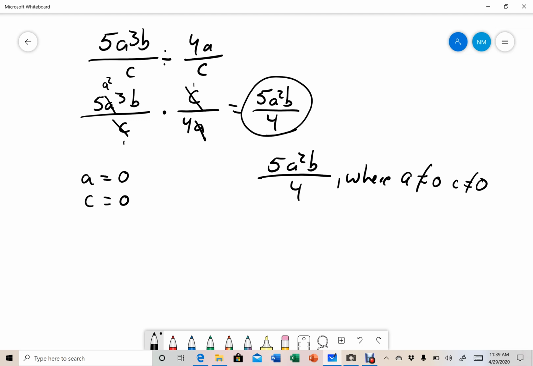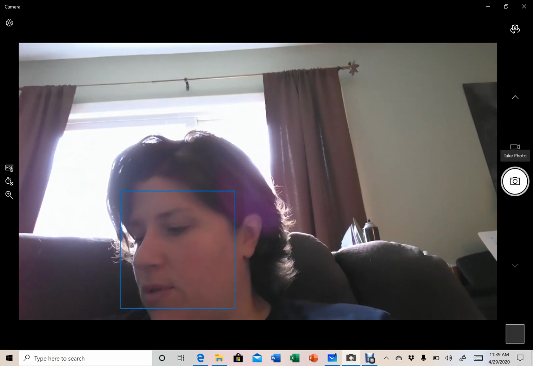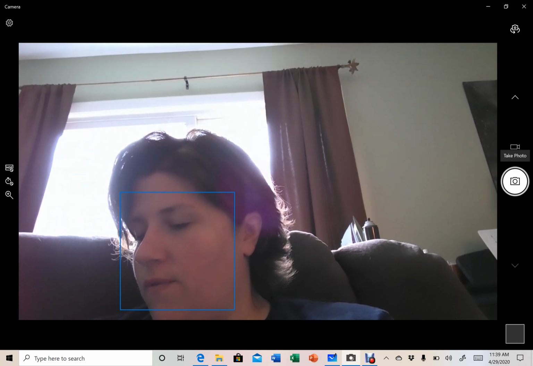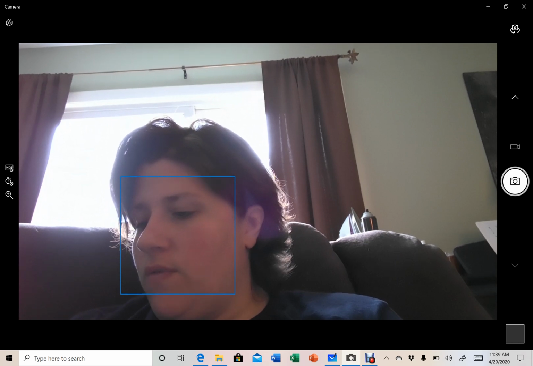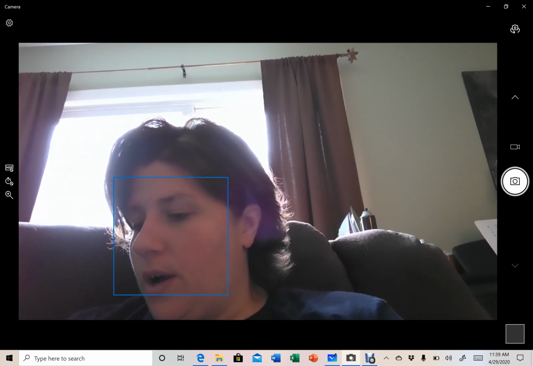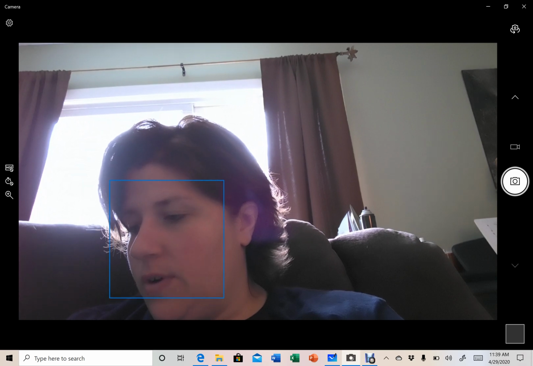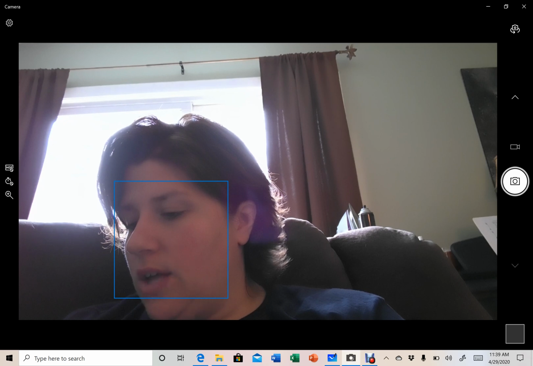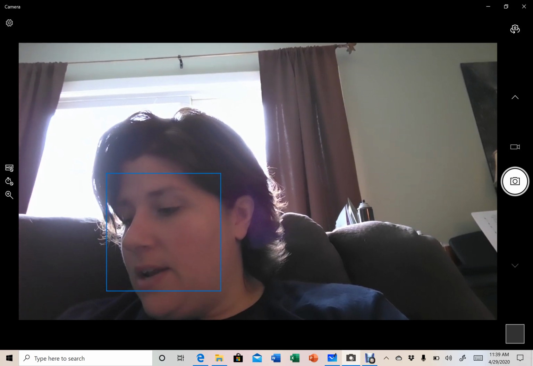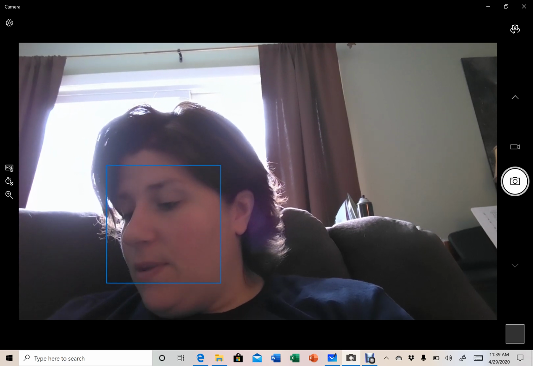That is the basic process of dividing rational expressions. Now look at the bottom of page 418, below the first example. It says, notice in the previous example that the value of a was excluded from the final expression. The variable value must be excluded if it makes any fraction have a 0 denominator at any point in the problem.